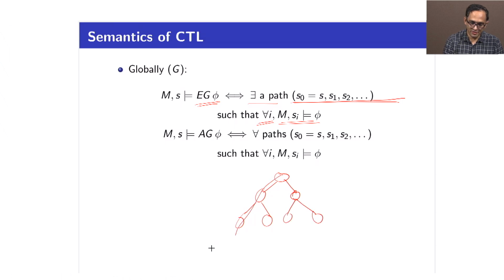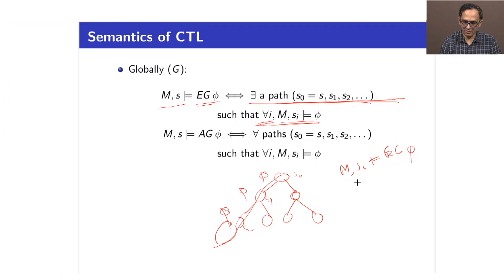Let us say this is the path in which phi holds here, phi holds here, phi holds here. That means this is my S0, this is S1, S2 and so on. In this path phi always holds. So, I will say M, S satisfies EG phi. Here S0 means the start state.